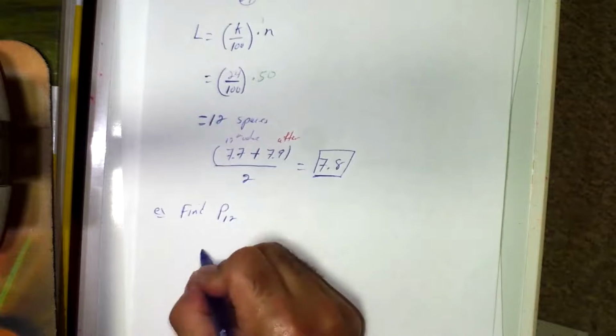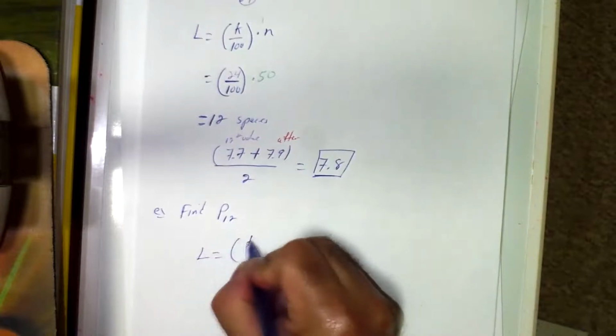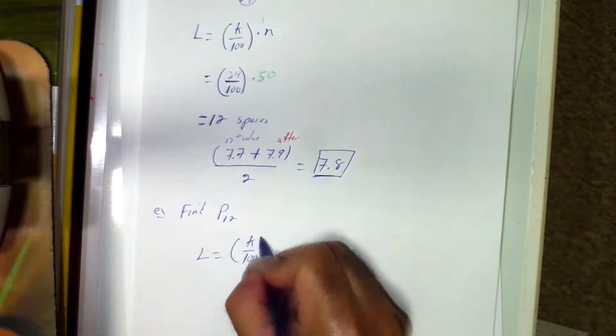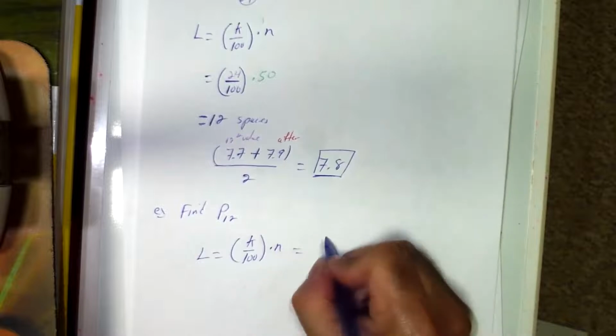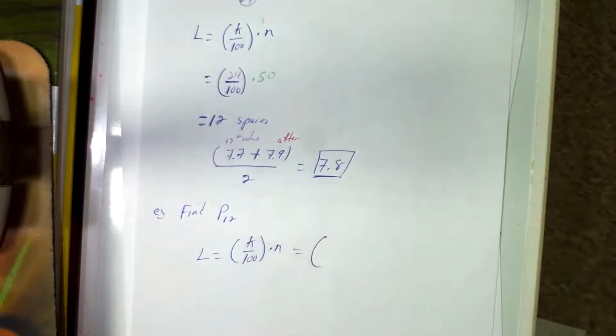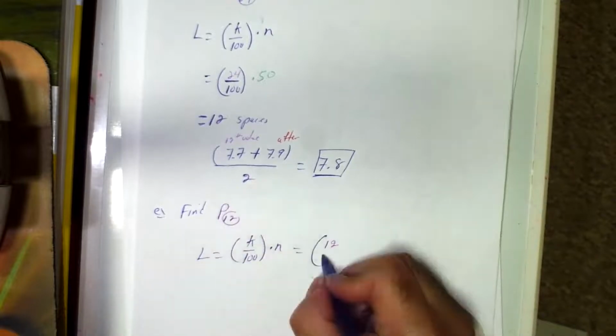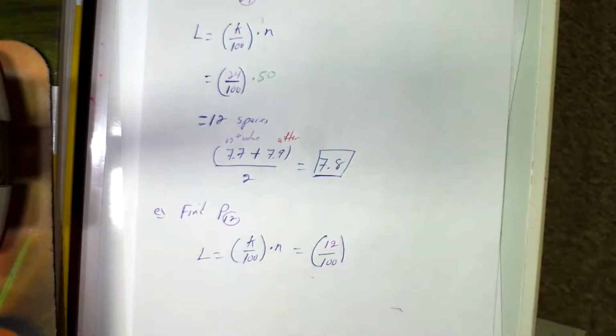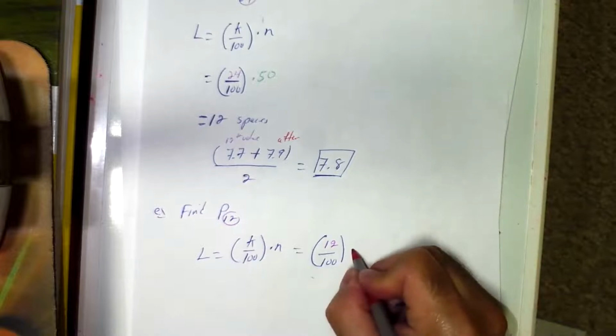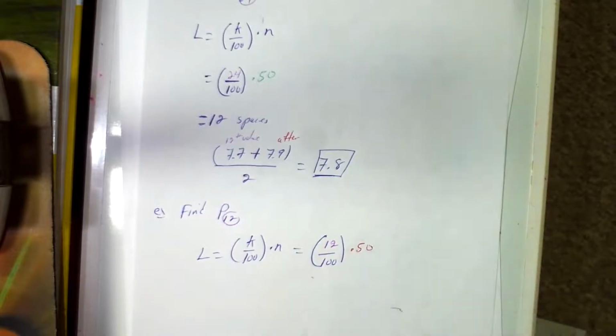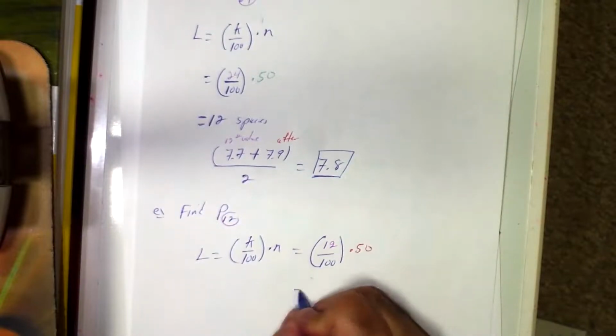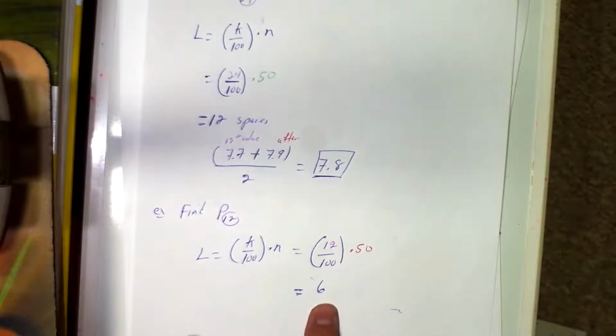All right, so I'm going to do my L. L is K over 100 times N. So that would be 12 divided by 100, and there are 50 numbers. Right? So I calculate it. 12 over 100 times 50 gives me 6. It gave me 6 when I computed it.